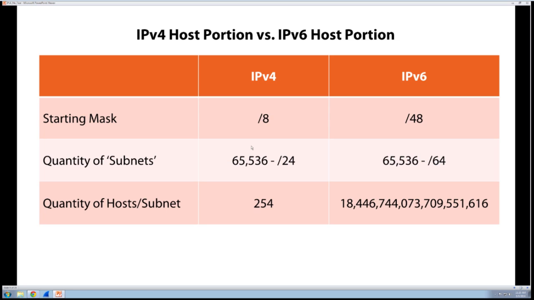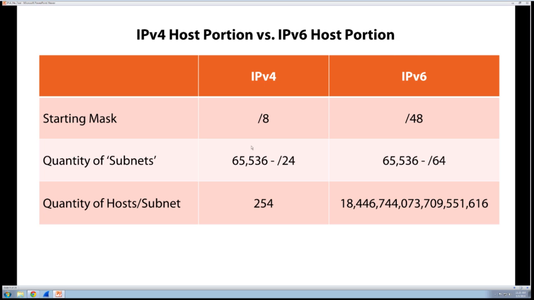So here's one thing that is really important that we have to get through our heads. In IP version 4, we were incredibly efficient with how we handed out address space. And in IPv6, we don't need to be so efficient and uptight about handing out IPv6 address space. So let's take a look at an example here.